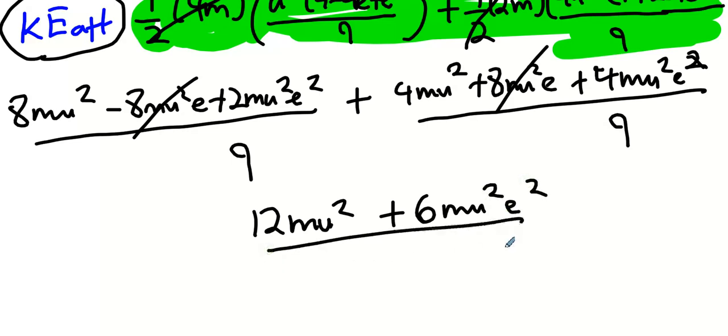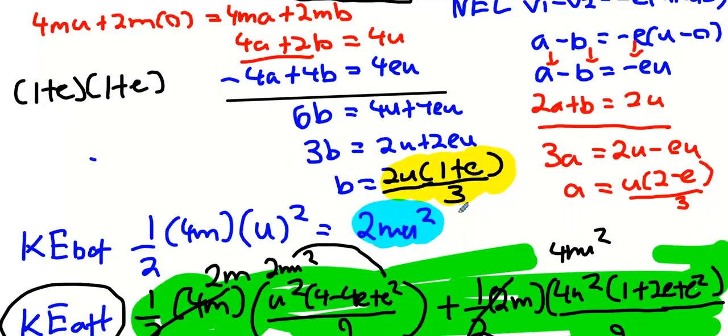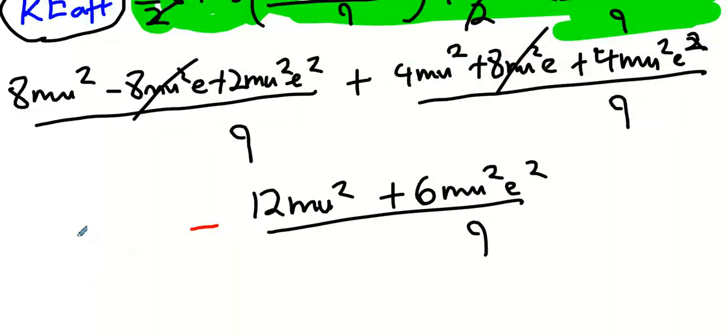Now, is everybody happy? That's the kinetic energy after the collision, right? And we're going to have to take this away from the kinetic energy before the collision, which we all agreed was this one here, 2mu squared. Whoa, 12 minutes at this. That's not good. All right, so that's 2mu squared. I'm going to give a common denominator of 9, right?